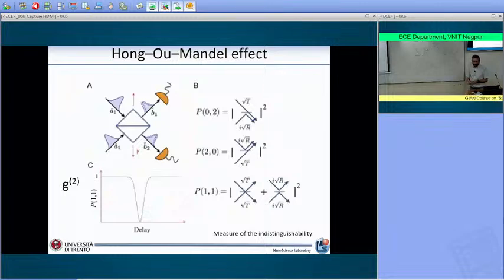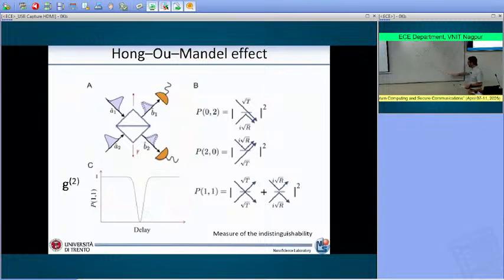Okay? And what does it mean? It means that if I measure the correlation between the click of this detector and the click of that detector, by measuring the delay between the arrival time of this and that, the probability that both detectors click contemporaneously is equal to 0.